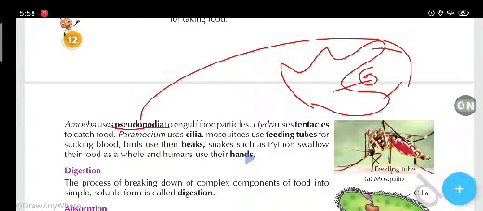Other organisms like hydra use tentacles, paramecium uses cilia, mosquitoes use feeding tubes, birds use beaks, snakes such as pythons swallow their food whole, and humans use their hands.